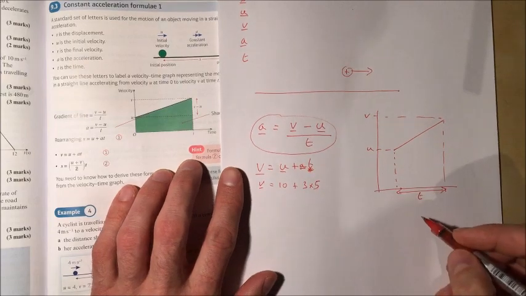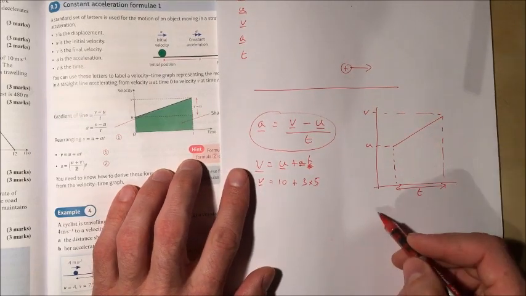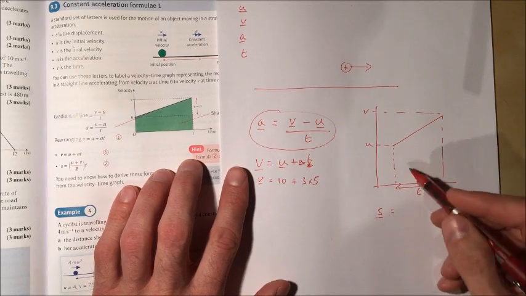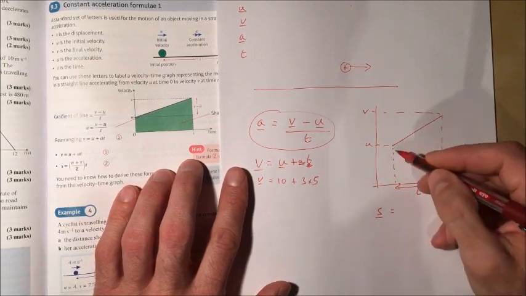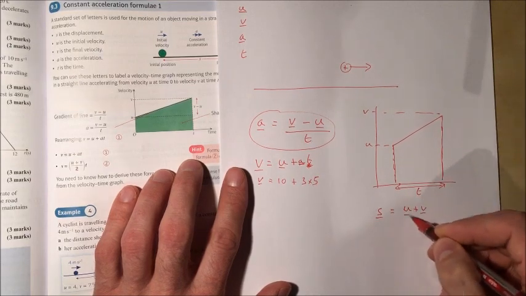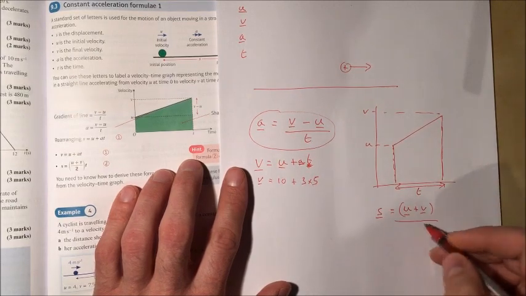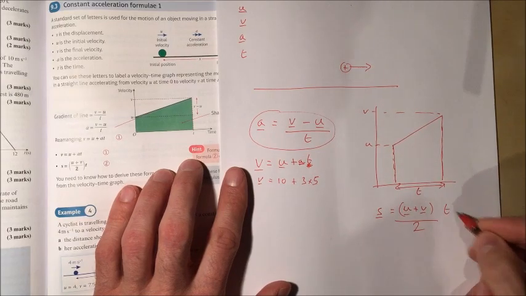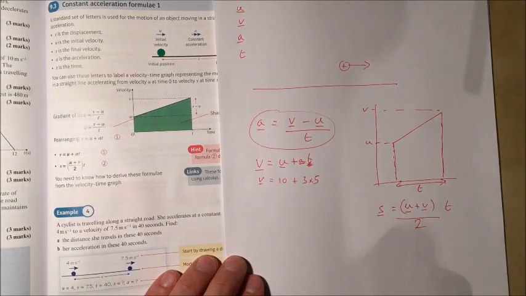So the area underneath this line is the displacement. We know that from the previous section. So the area is a trapezium. These are the two parallel sides, so add those up, u plus v, half the sum of the parallel sides, times the distance between them, and this distance here is the time we've taken. So u plus v over 2 times t.